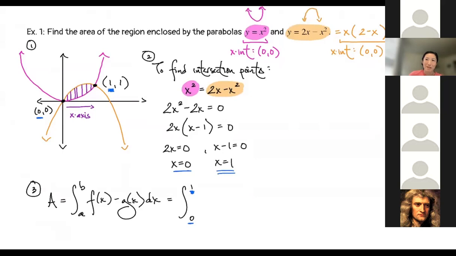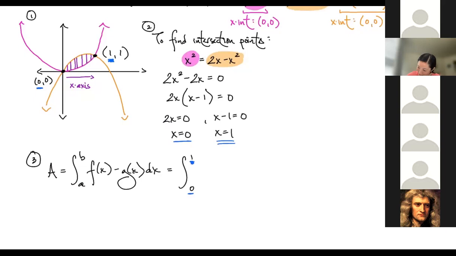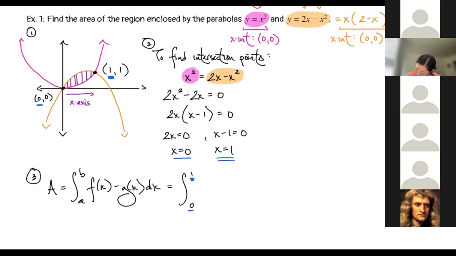All right, so we've got one guess that y equals 2x minus x squared, that orange parabola. I would say yes, that is indeed the top function. So we're going to put in place of f of x, we're going to say 2x minus x squared.